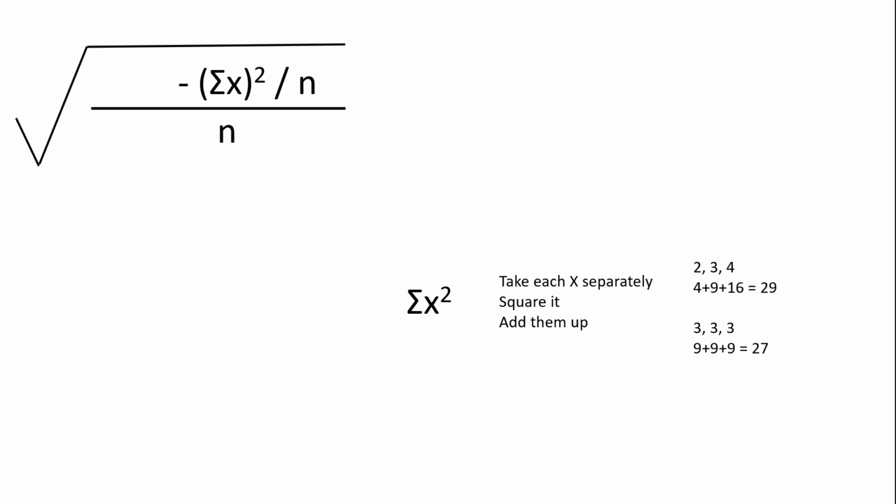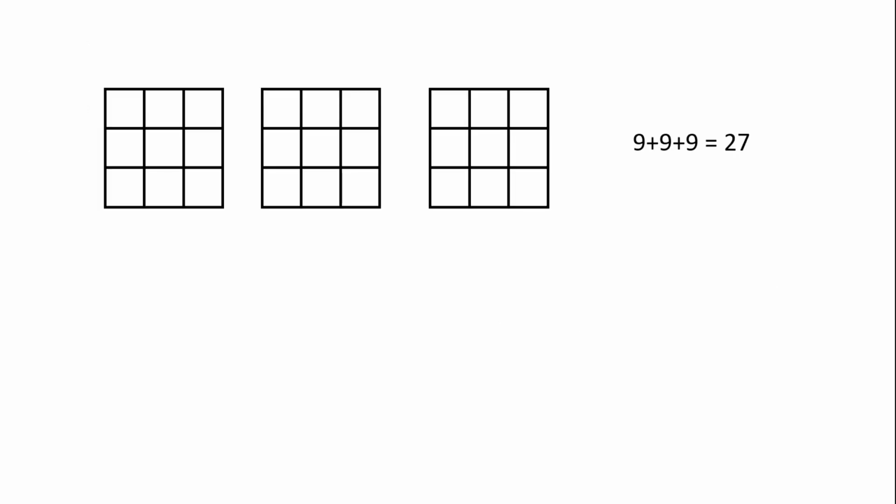Okay, let's go the other direction. 1, 3, and 5. Now, when I square and add them up, I get 35. We're definitely onto something here. When we keep the number of subjects and the average the same, the more we spread the group out, the higher this total gets.